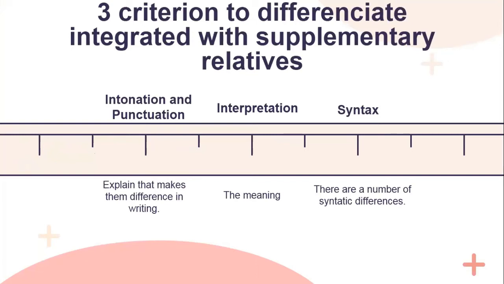The first is intonation and punctuation, which explains the difference between integrated and supplementary relatives in writing. The second is interpretation, which talks more deeply about the meaning of the relative clause, and the third is syntax. We are going to talk about a number of syntactic differences.